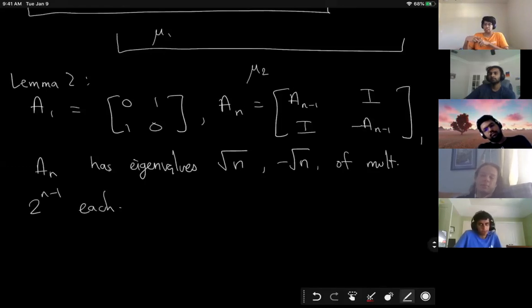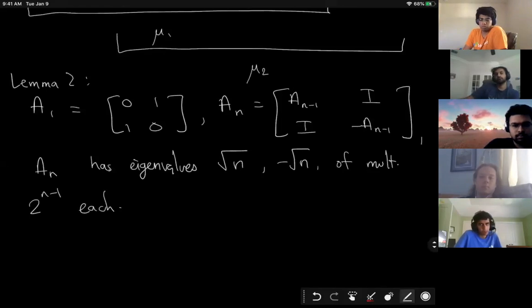Induction seems like it's probably going to work because it's recursively defined, which lends itself naturally to induction. But what exactly do you want to prove here? To prove directly that the eigenvalues are root n and negative root n, I don't know. There might be a way of doing that. Can anyone think of a simple way of showing that the eigenvalues are either root n or negative root n?